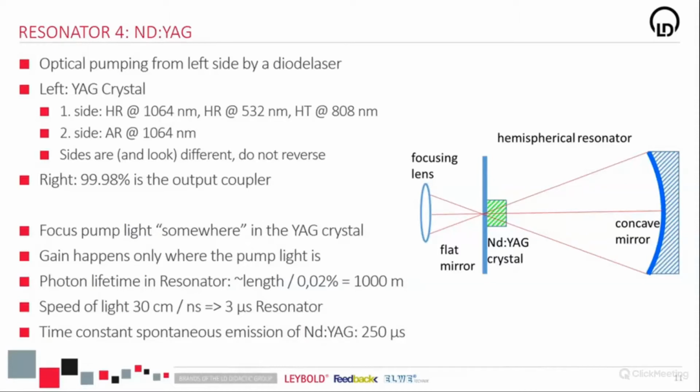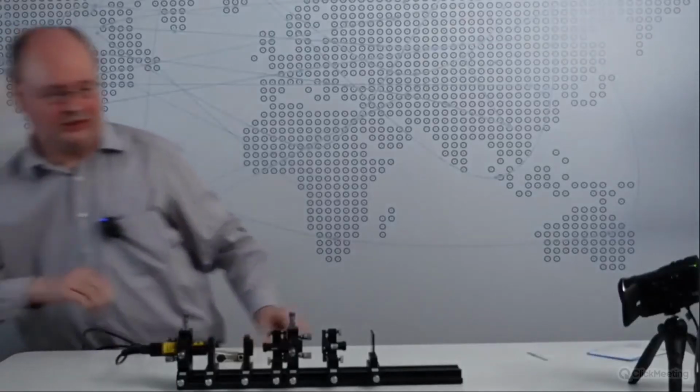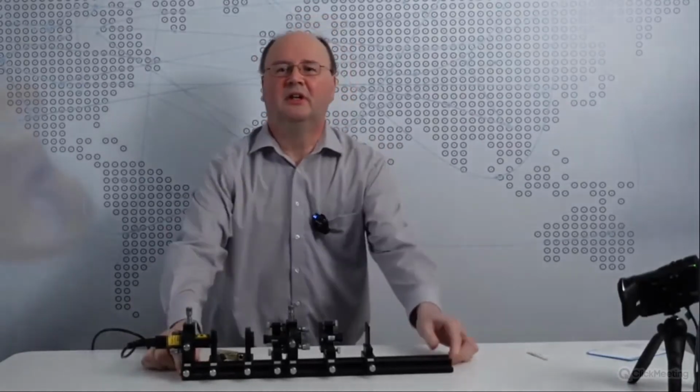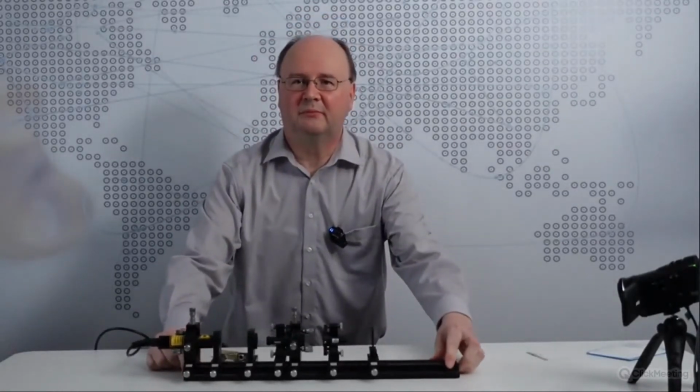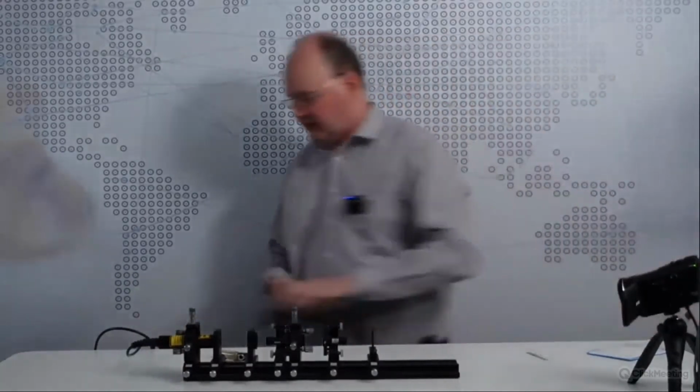Colleague is taking all the parts. I have a second setup prepared right here. And maybe we can even show what I'm doing right now. I have a small setup. You saw already the PowerPoint with the neodymium laser.